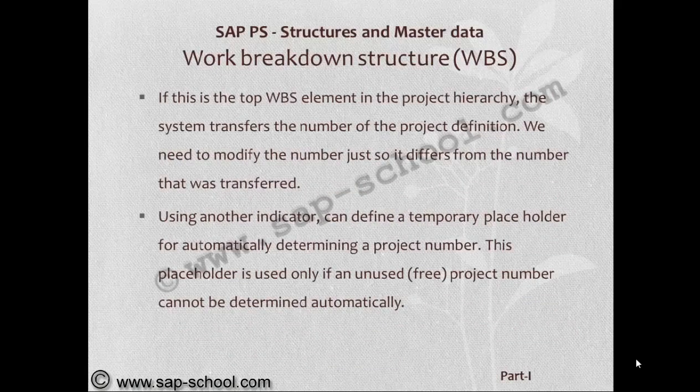If this is the top WBS element in the project hierarchy, the system transfers the number of the project definition. We need to modify the number just so it differs from the number that was transferred. Using the other indicator, we can define a temporary placeholder for automatically determining a project number. This placeholder is used only if an unused project number can be determined automatically.